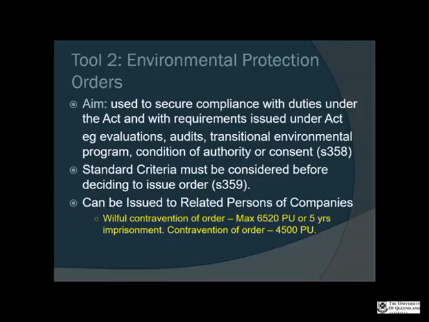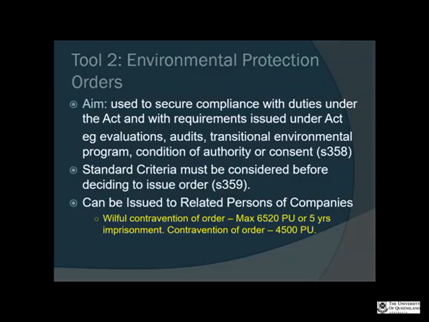One of the other tools, slightly higher up on the hierarchy, is the environmental protection orders. So what's the aim of these? Well, they're used to secure compliance with duties under the Act and with any requirements issued under the Act. So, for example, a condition of approval.